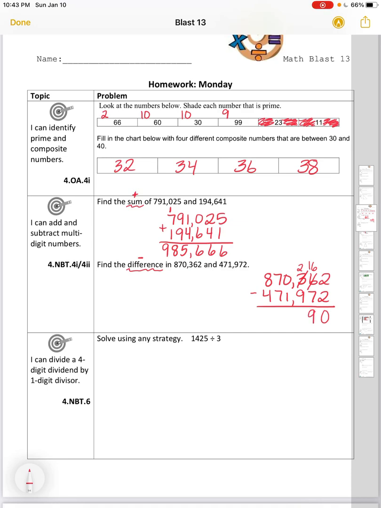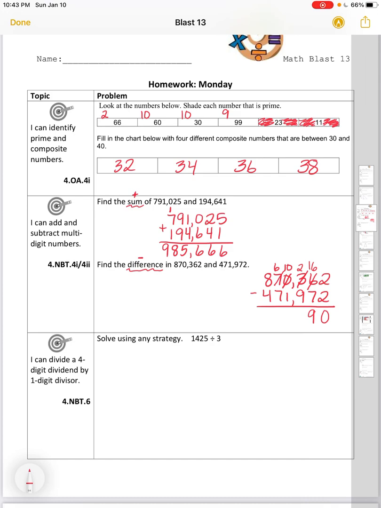I start with 2 hundreds. I want to take 9 hundreds away. We're not going to do that right now. We're going to go over and regroup. There's no thousands. So I'm going to go into the 10,000s place. It leaves me 6 10,000s. Let one of those 10,000s become 10 thousands in the thousands place.